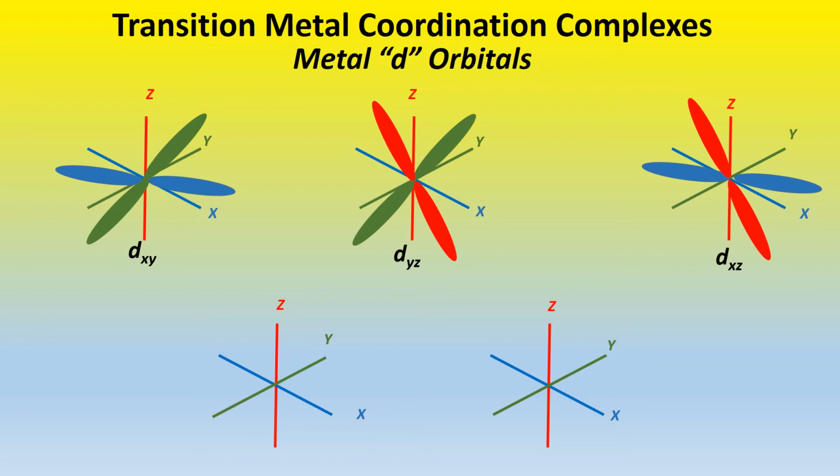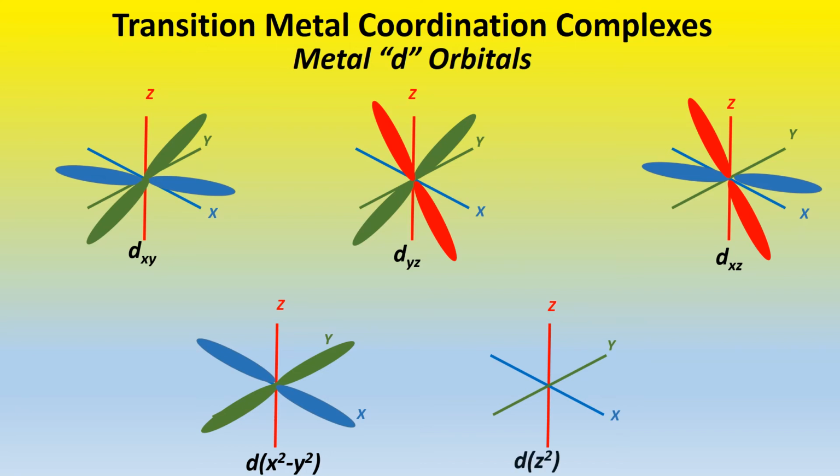Your 4th d orbital is called dx squared minus y squared, where you once again have a 4-leaf clover, except this time the leaves are sitting directly on top of the x and the y axes. The final orbital looks different and looks odd.